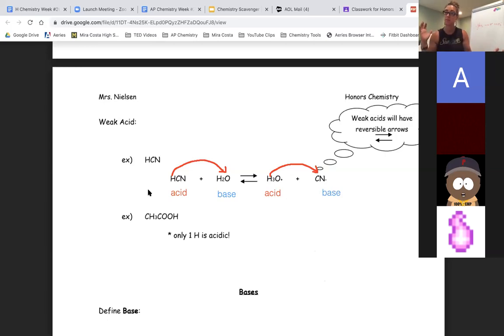It's like they break up and then they get back together. In other words, if I were to draw it here, you would see that HCN, like the hydrogen breaks up from the molecule and then they get back together, break up and get back together. It's kind of like a high school relationship, right?